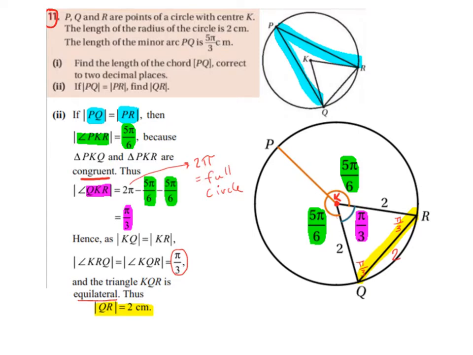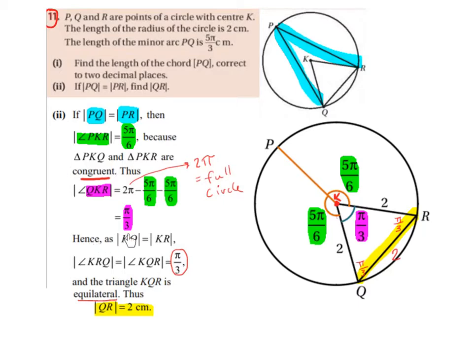So to figure out the angle QKR, it's going to be 2 pi minus 5 pi over 6 minus 5 pi over 6, which leaves us with pi over 3. You can literally just put into the calculator 2 minus 5/6 minus 5/6, and you'll be left with a third, and then just stick the pi back in. So this angle here is pi over 3, or a third pi.